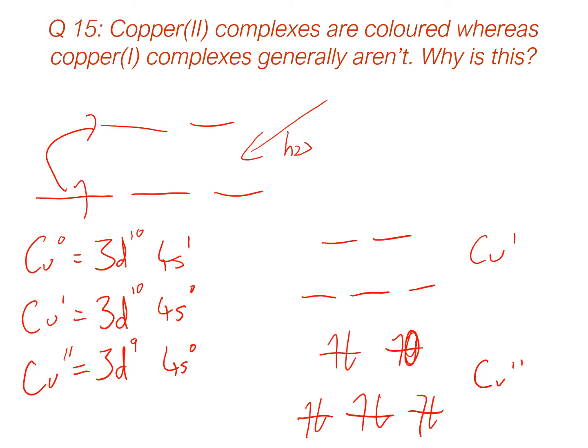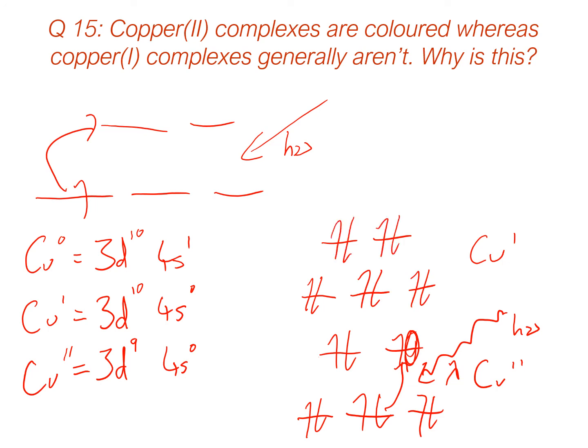So we can take some light and shine it on it with a certain wavelength. The energy of the light can also be said as h nu, as I did up there, sorry. And it will make a transition. An electron can be promoted into this empty slot. Now, if we do the same for copper 1, we see it's got 10 d electrons, 1, 2, 3, 4, 5, 6, 7, 8, 9, 10.